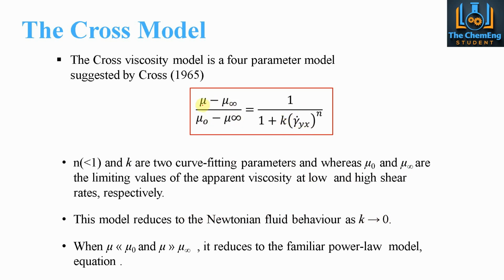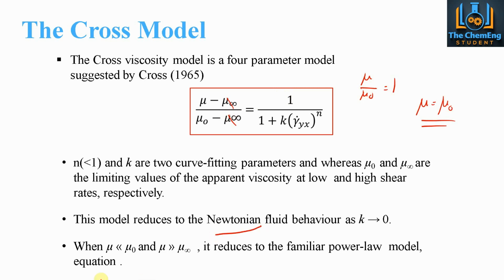So the ratio between these would be 1, which would indicate that these values are exactly the same, because these would of course cancel each other out. If this was 1, then in order for this equation to be satisfied, we must assume that mu equals mu naught, i.e. Newtonian fluid behaviour.